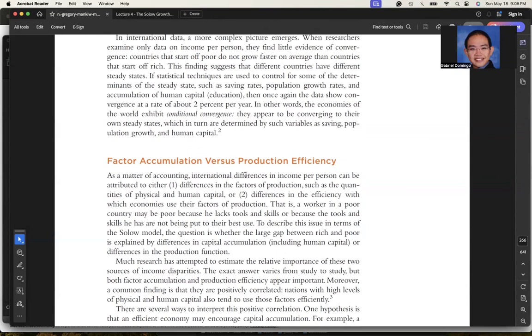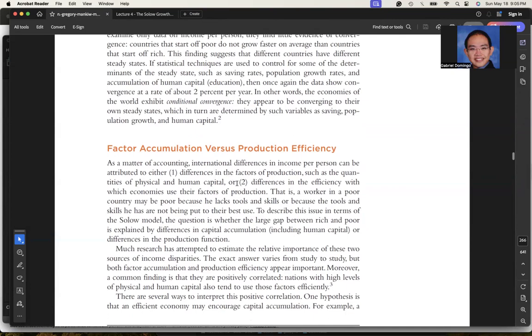But there's also a second factor here, which is differences in the efficiency with which economies use their factors of production. This is basically the same E, or labor efficiency. You can also recast it.